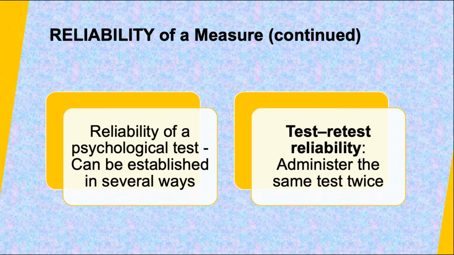To assess test-retest reliability, you administer the same test twice to the same individuals, separated by a relatively long interval of time. To the extent that the test is reliable, scores on the two administrations of the test will be strongly positively correlated.